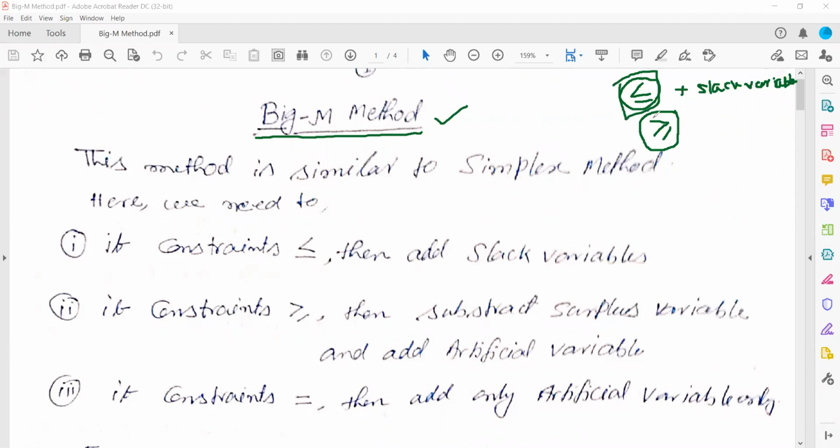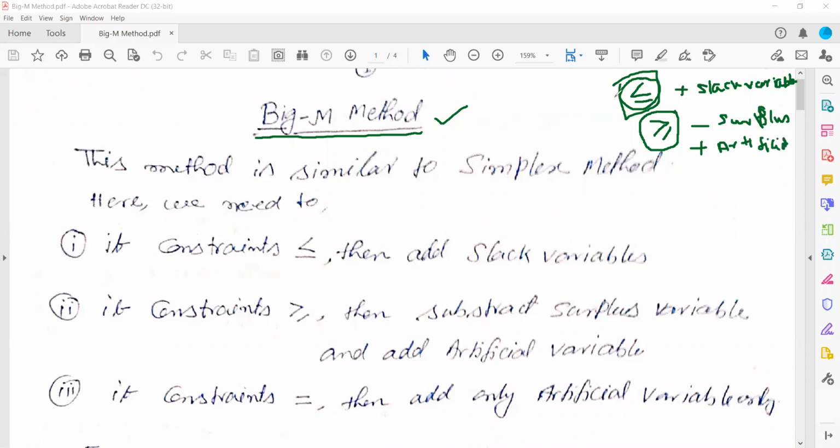But if any one or all of the constraints of the LPP are greater than or equal to, then to convert this we subtract one surplus variable, and then you need to add one more variable, and that is called an artificial variable.